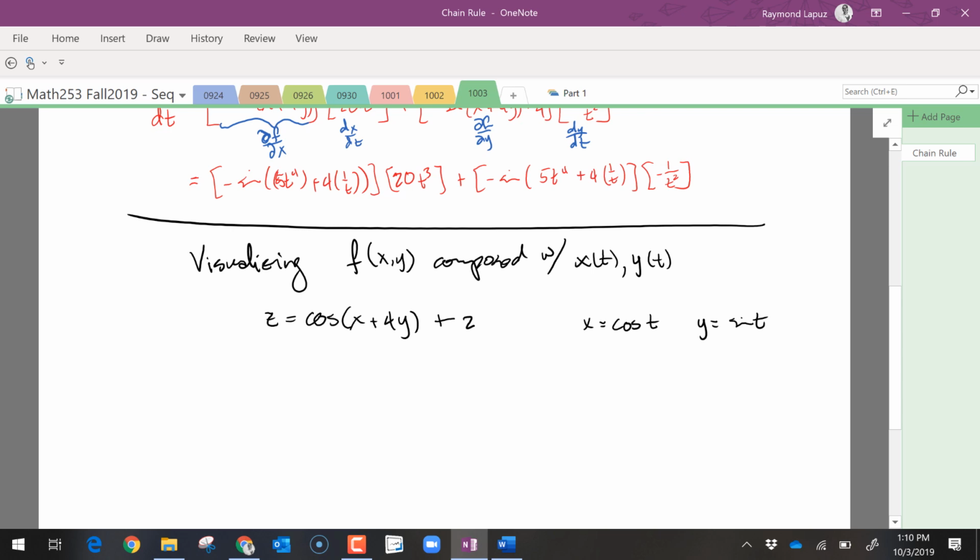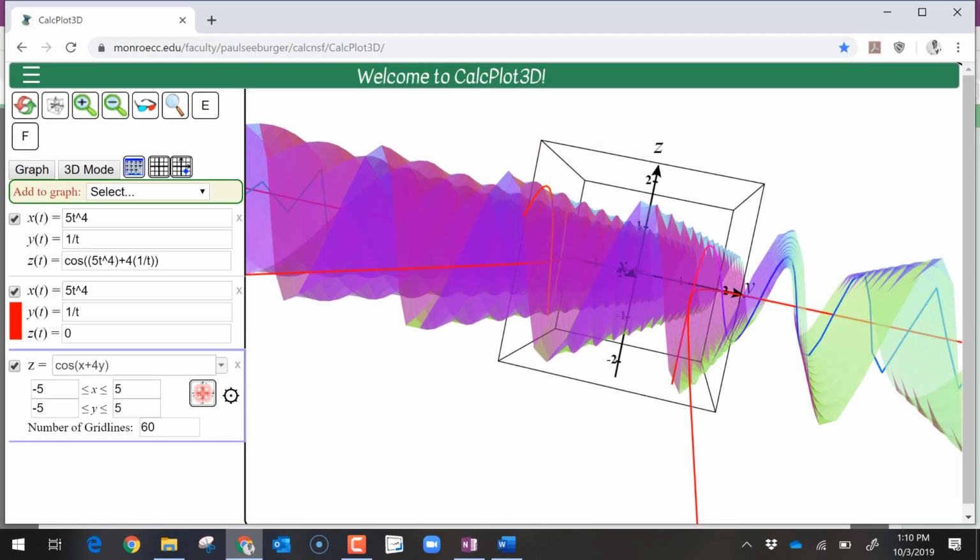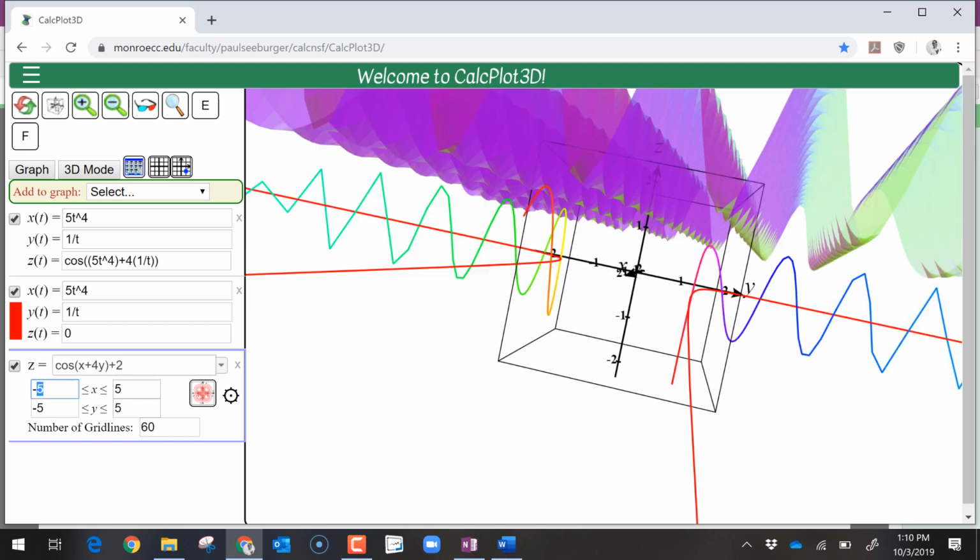So x is equal to cosine t, y is equal to sine t. All right, so let's go back to our graph, and let's change a few things here. I'm going to add 2 to this one, and we don't have to go all the way up to 5. I think we can just go from -2 to 2.